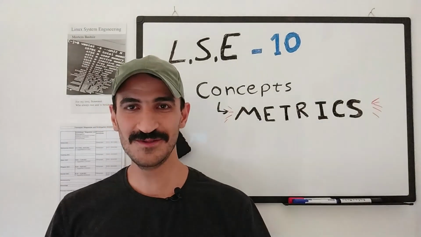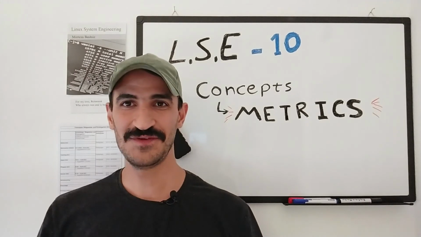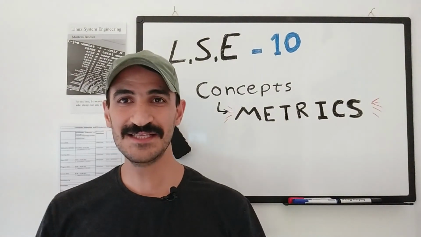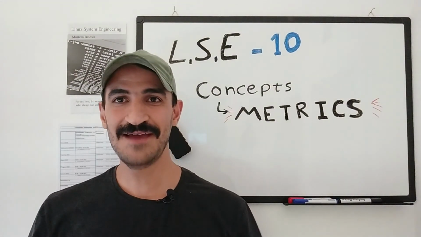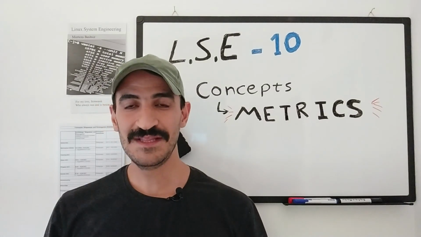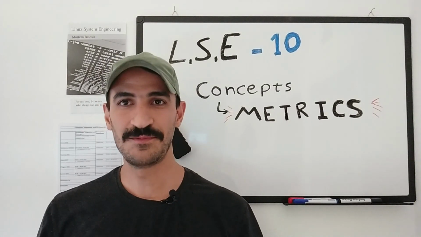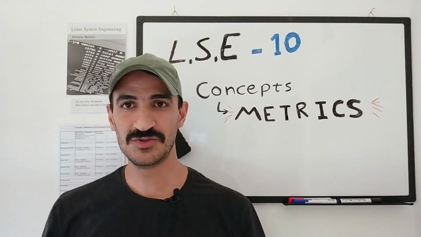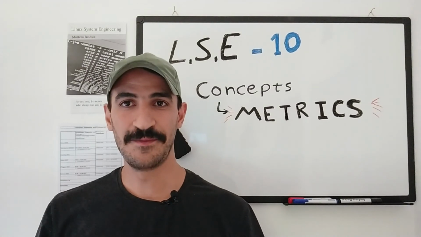So, as I told at the beginning of this episode, we are done with the concepts chapter. And after this episode, we will have more interaction with the operating system and also inside the Linux command line.